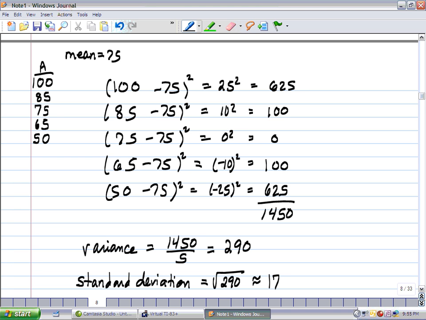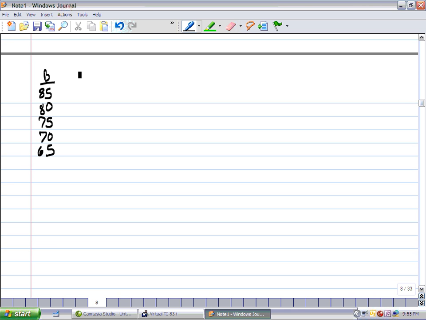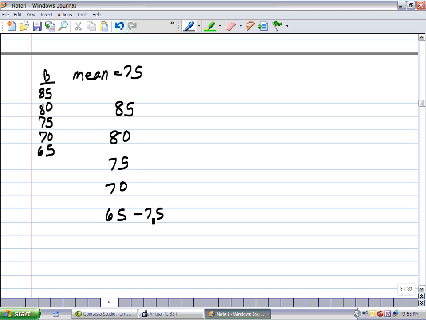Okay, let's look at the second example, B. Again, the mean is 75. So we're going to take each value. Again, in this example, we still have 5 values, but you can have any number of values.